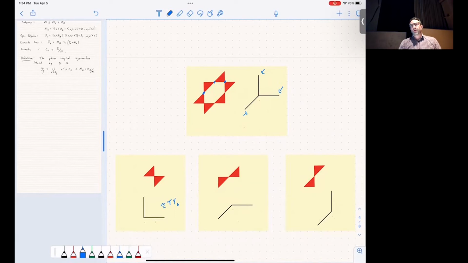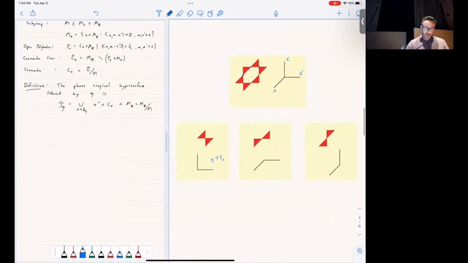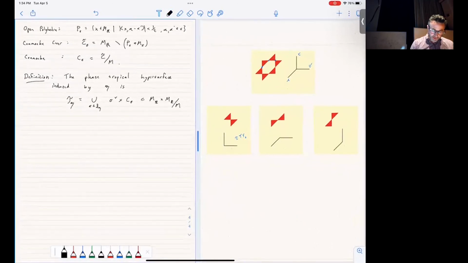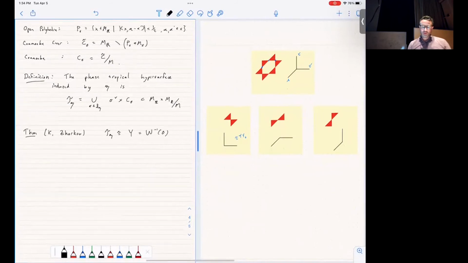So we get that this is a topological manifold, and moreover, this is the main theorem of myself and Ilya: this topological manifold is homeomorphic to a hypersurface Y, where W inverse is just a hypersurface given by a generic Laurent polynomial whose Newton polytope is Q, so generic coefficients.